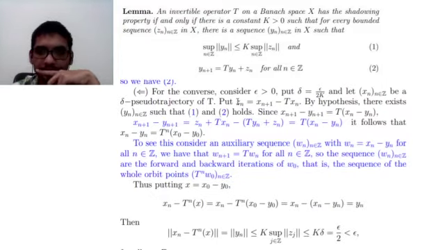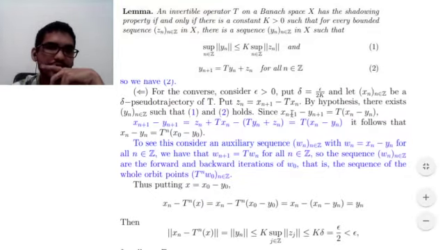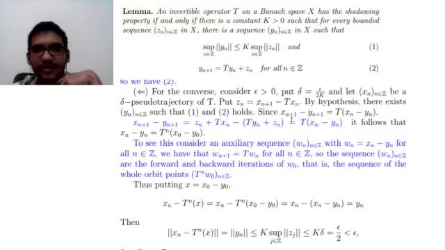So the sequence c_n is bounded, and by the lemma there exists a sequence y_n that satisfies 1 and 2.